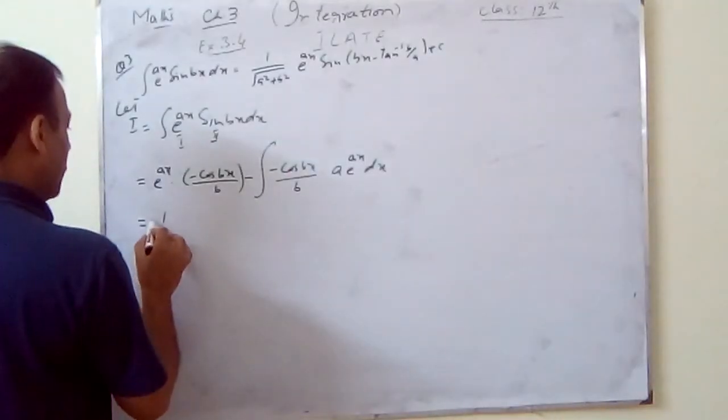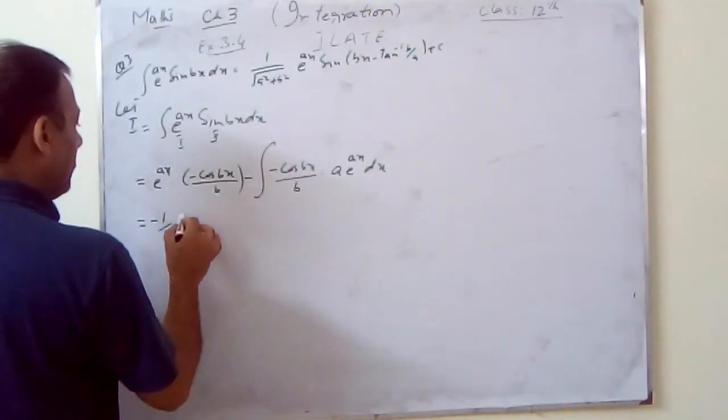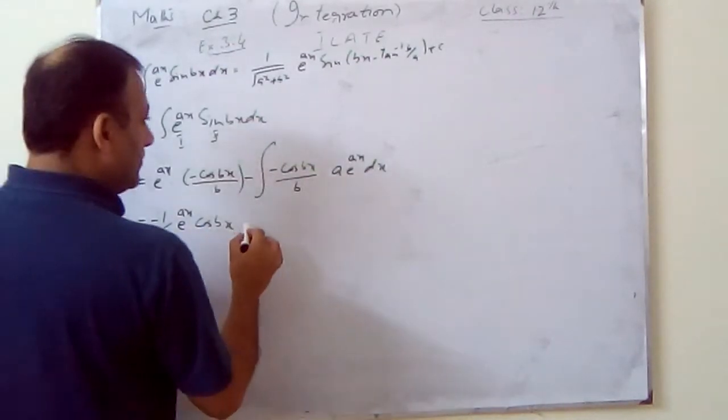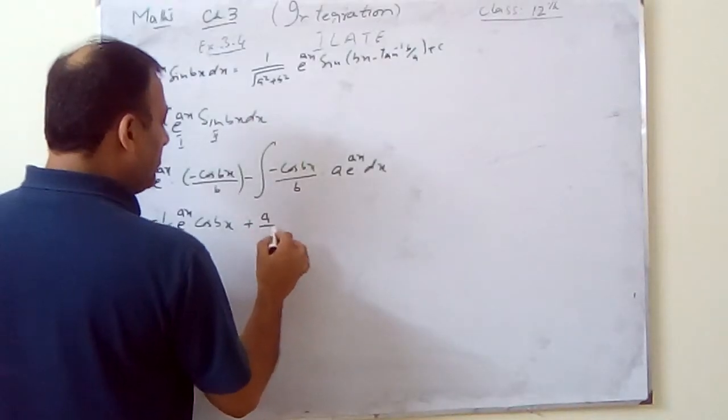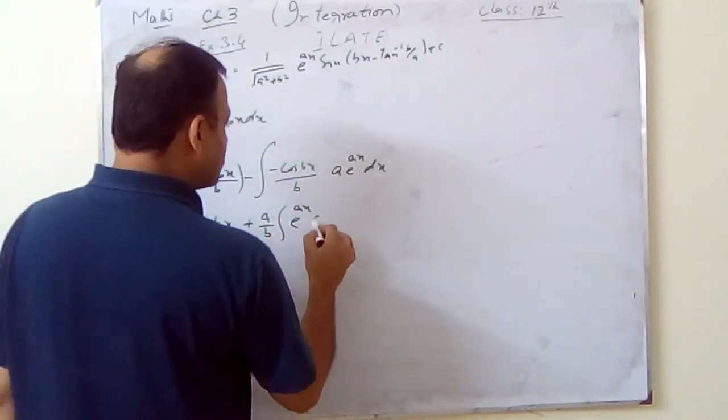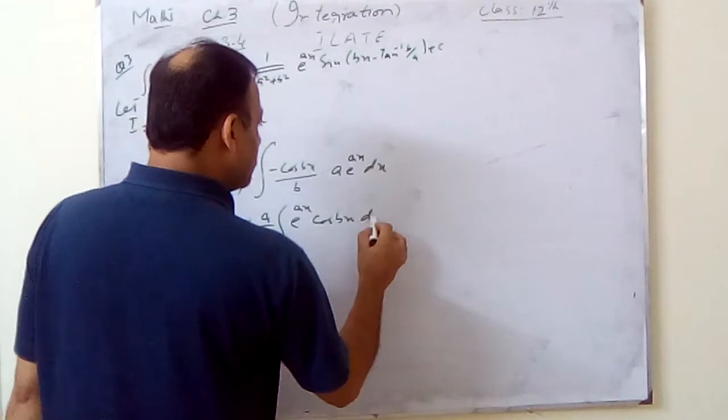So minus 1 over b e power ax cos bx plus a over b integral of e power ax cos bx dx.